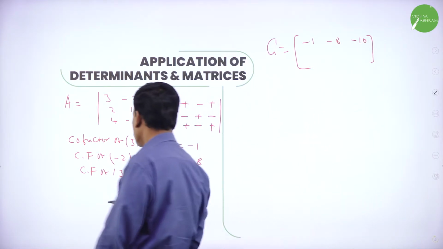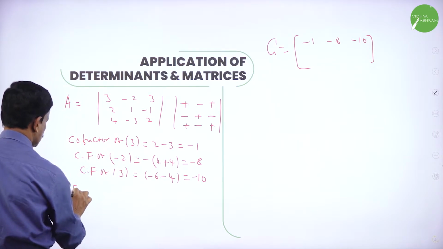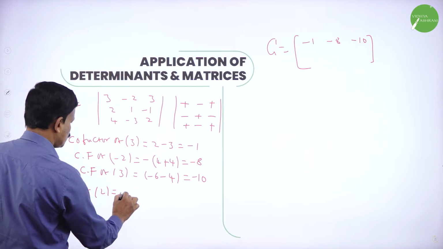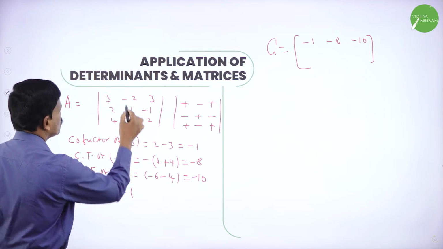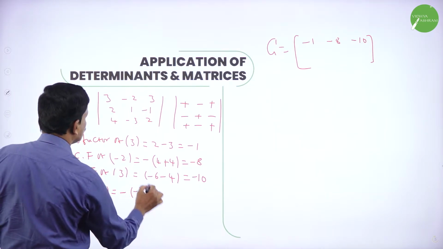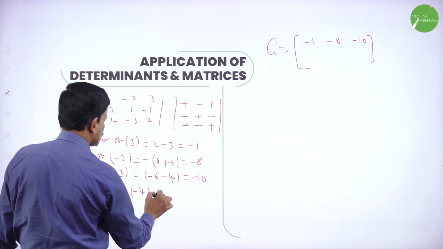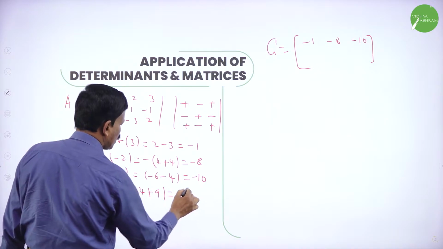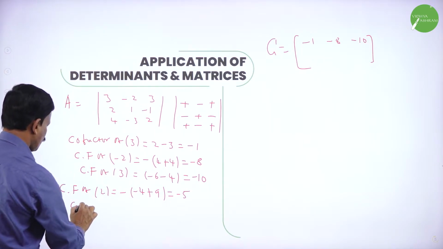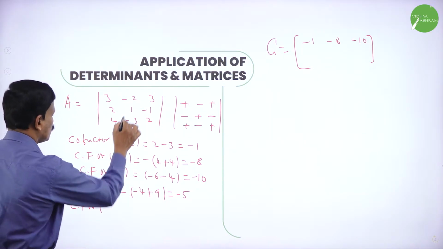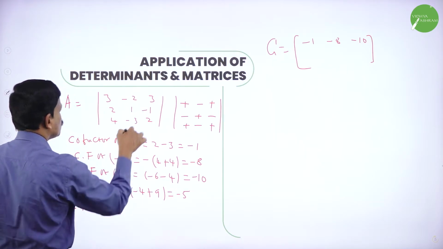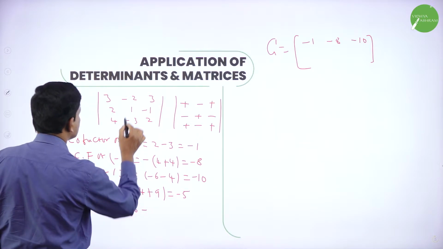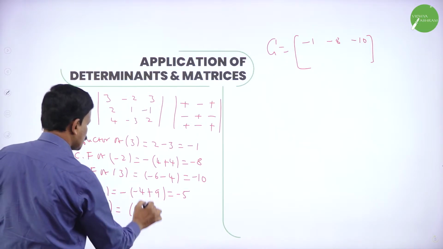Come to the second row. The cofactor of 2, the sign is negative, minus, this row and column is deleted, minus 2 2s are 4, minus into minus plus, 3 3s are 9, 9 minus 4 is 5, the negative sign is out, minus 5. Again, the cofactor of the next element 1, this row and column is gone, 3 2s are 6, 4 3s are 12.